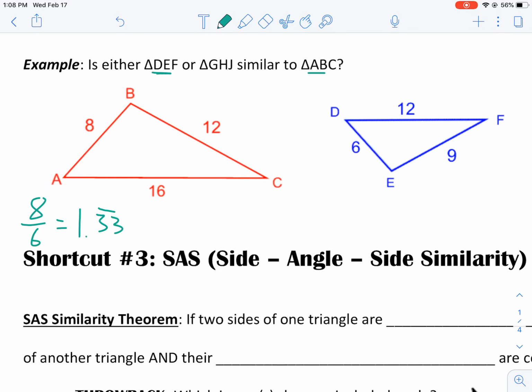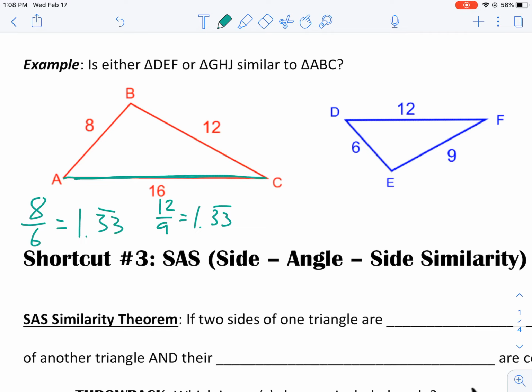Next, we want to look at BC. BC matches up with EF, which is 9. So we want to do 12 divided by 9, which is also 1.33 repeating. And then finally, we want to do AC.